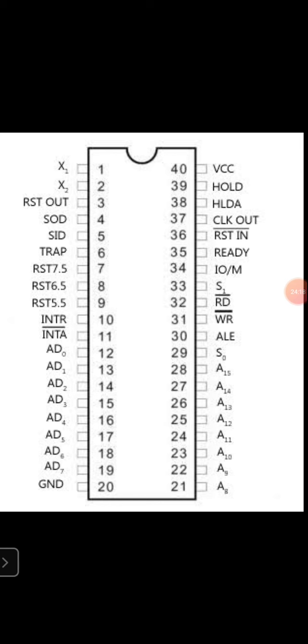After the removal of the hold request, the HLDA goes low. That means when it is functioning, it is in the high state, and after the performance of this pin, it automatically turns to 0.